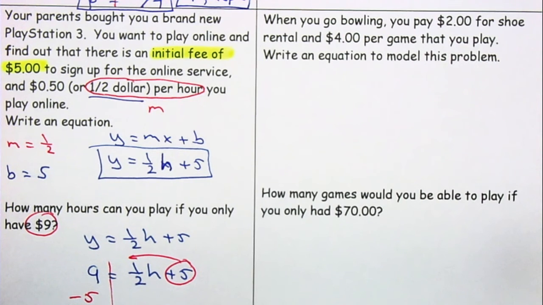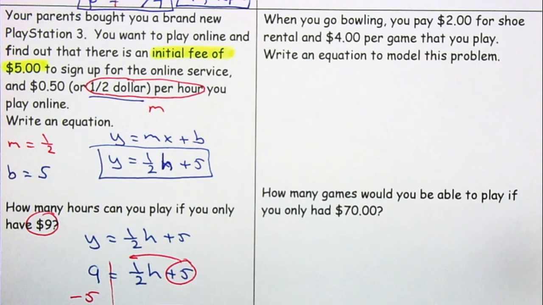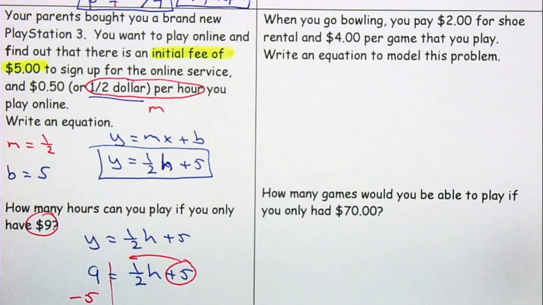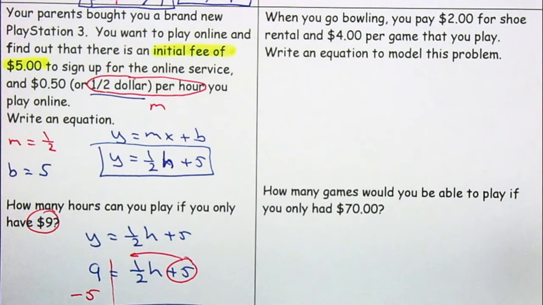So the 2's cancel, and we have 8 is equal to h, 8 hours. So if you only have $9, you are going to be able to play for 8 hours.